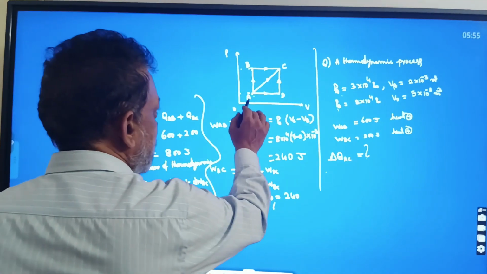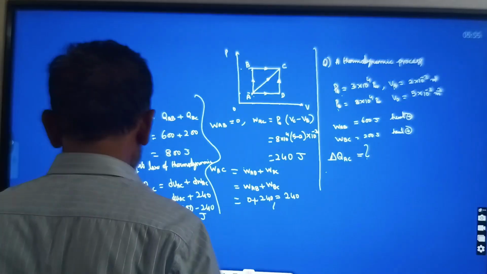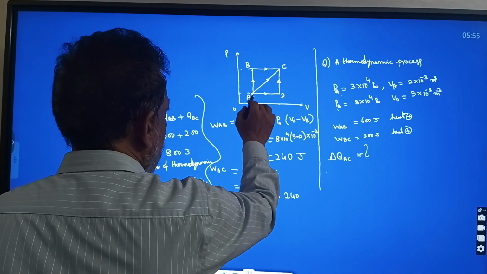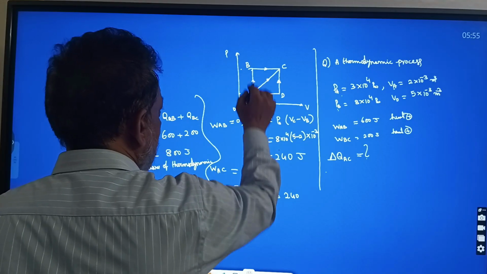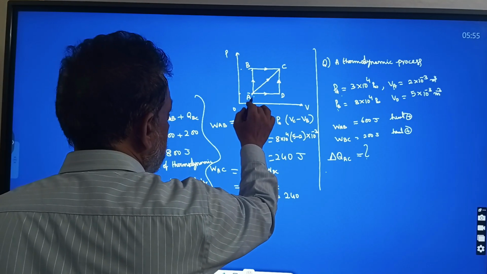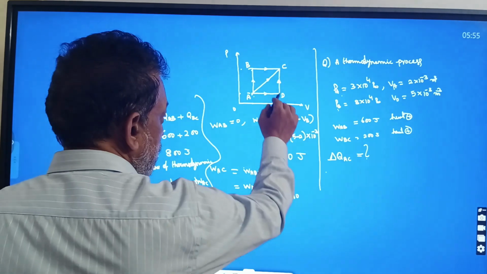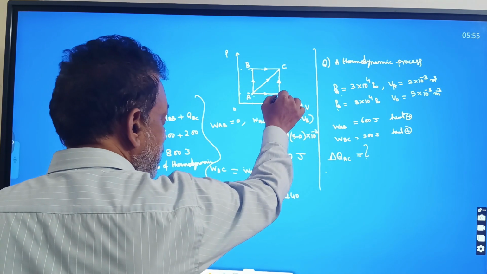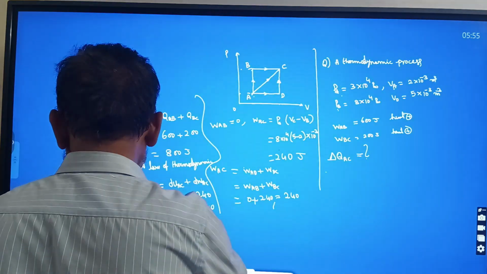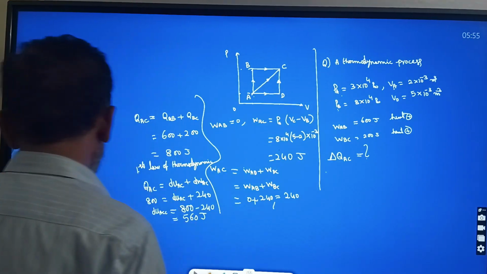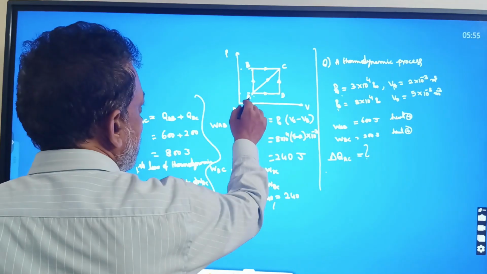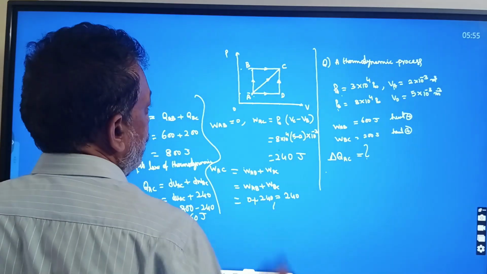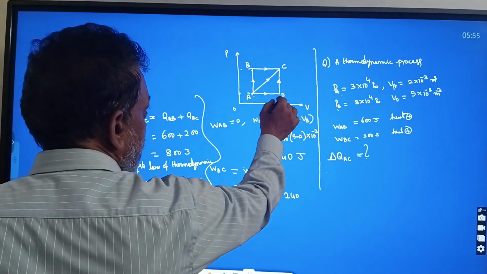At this point the pressure is PA and here it is PB; pressures are different, but volumes are the same. So PA and PB are given, and volumes are given.